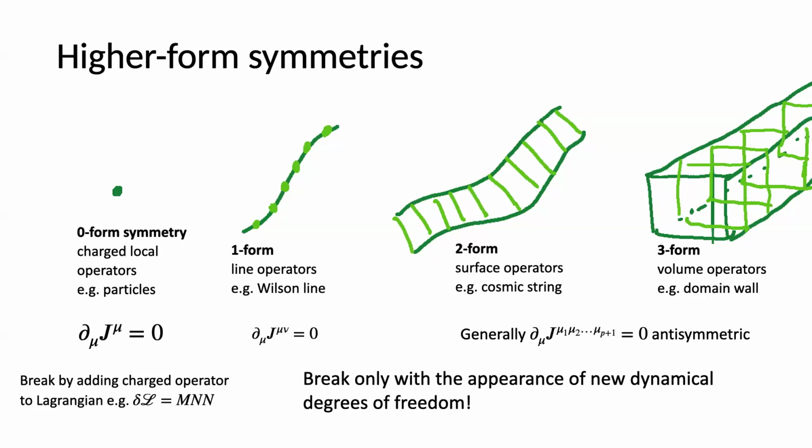Yes. On the slide one or two slides ago, when you motivated the presence of domain walls, that to me feels like an object that forms when a symmetry breaks. But now you're motivating that a domain wall or cosmic string, et cetera, are a representation of this higher form symmetry. Is the domain wall in its existence a manifestation of the symmetry or the breaking of that global symmetry? Yeah, good.